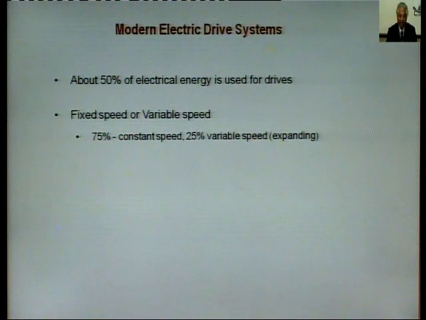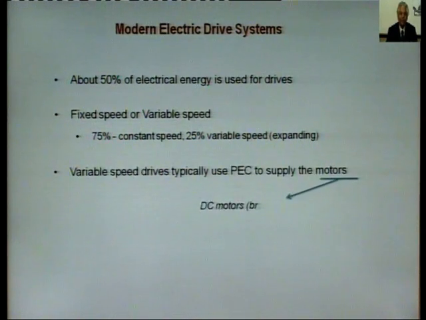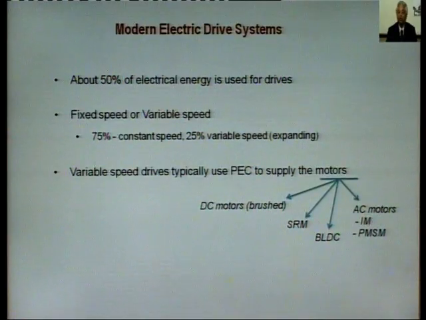Variable speed drives typically use power electronic converters to supply the motors, which can be a DC motor or an AC motor. The DC motors include the brushed one, SRM, and BLDC, and in AC motors, as you all know, it could be an induction motor or PMSM.